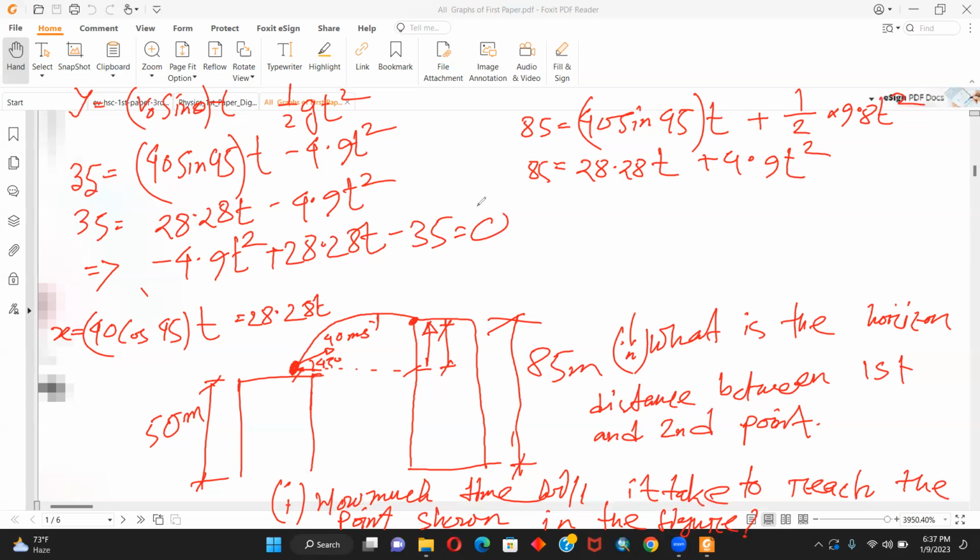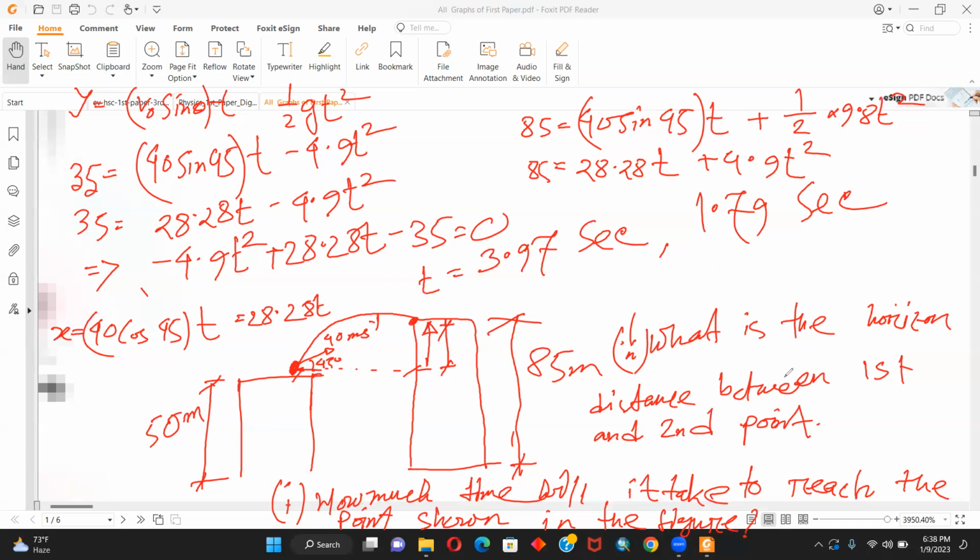Check with me. I'm getting two values for the time. One is 3.97 seconds and another one is 1.79 seconds.